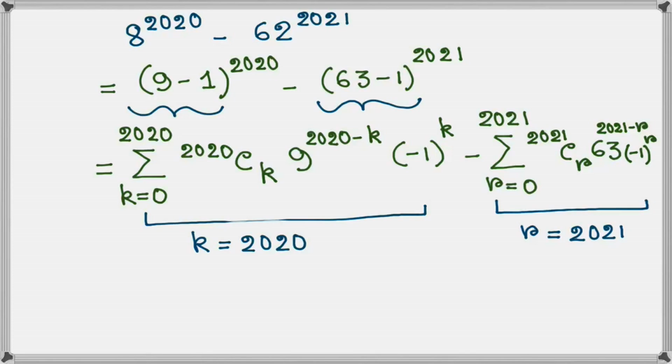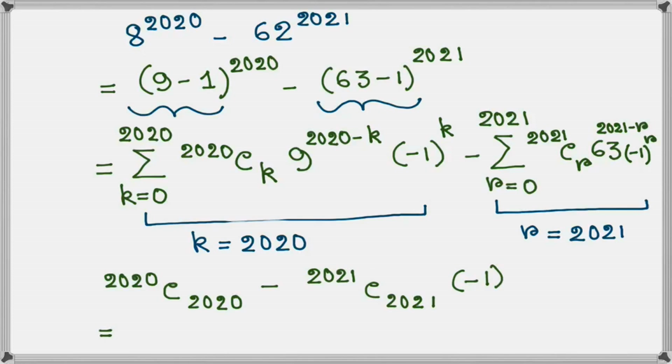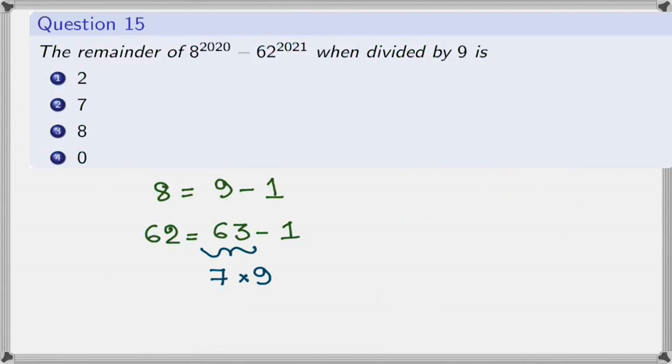So therefore the remainder is 2020C2020 minus 2021C2021 into minus 1, that is 2. Therefore, we get that the first option is the correct answer here.